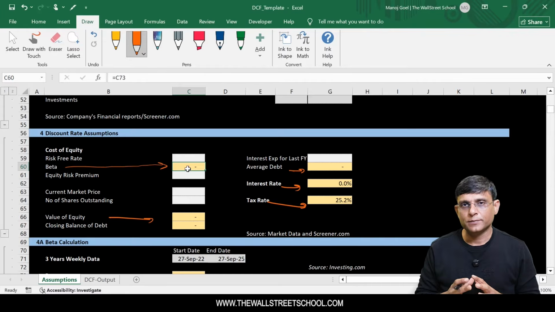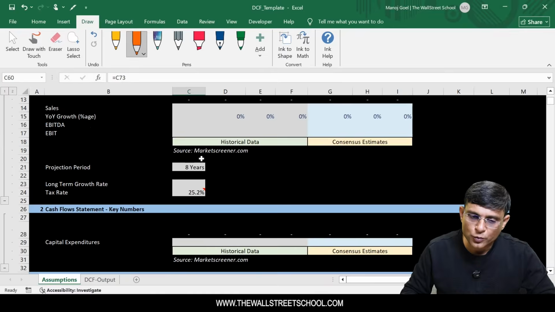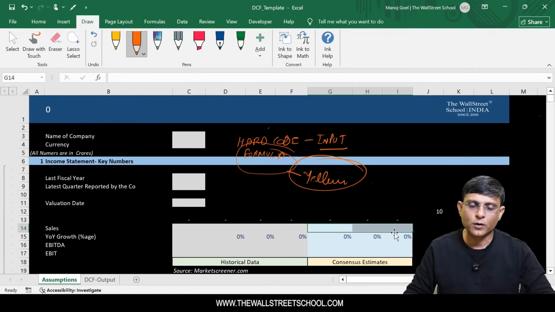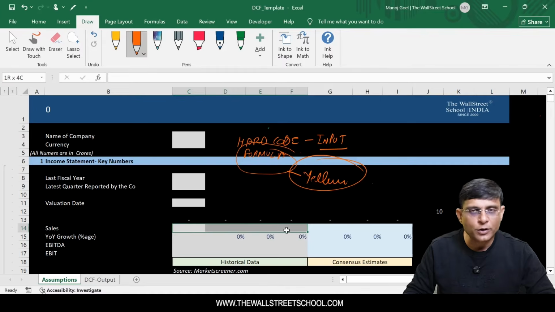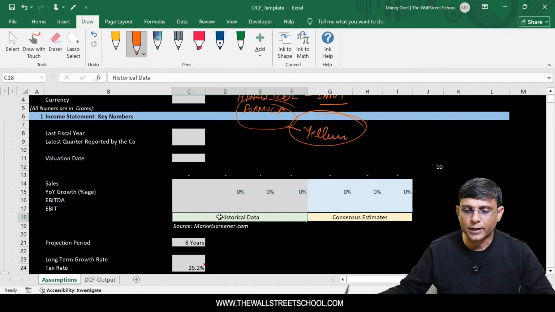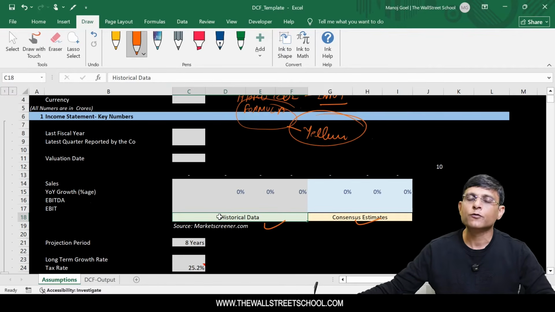Other than yellow cells, all other cells are input cells. For input cells, I'm using two colors: gray and light blue. Gray is for historical numbers and light blue is only for estimates. This is for historical year numbers and this is for future estimates.